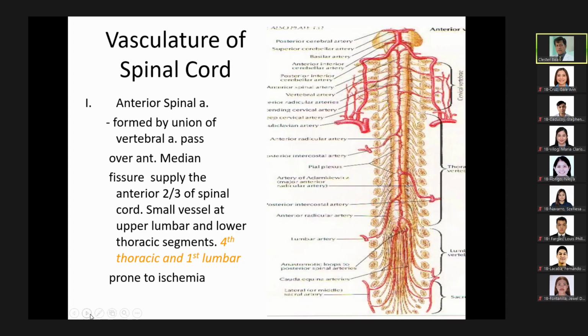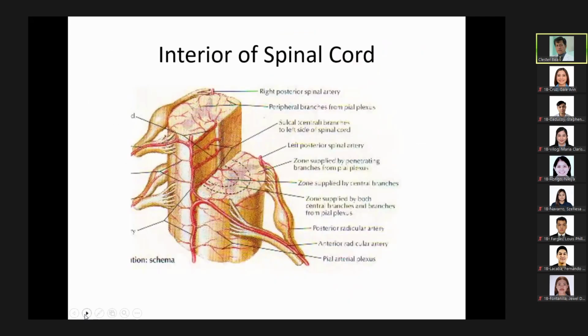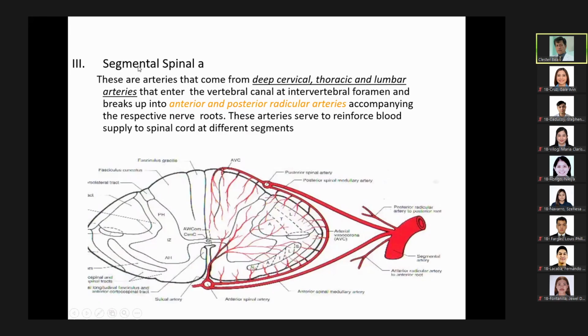Now, fortunately, aside from your spinal arteries, we also have what are known as your segmental spinal arteries. Now, these are arteries that come from outside the vertebral column. They are not found inside. They do not originate from within the vertebral column or vertebral canal.